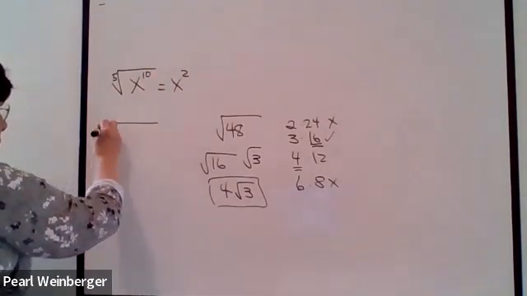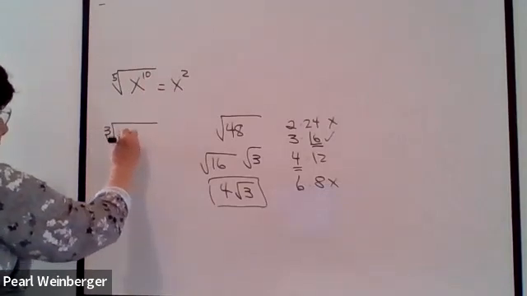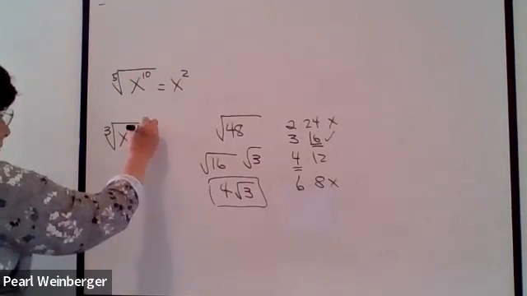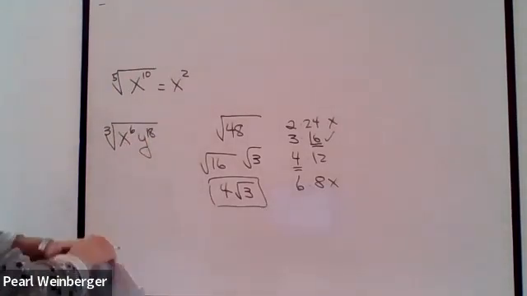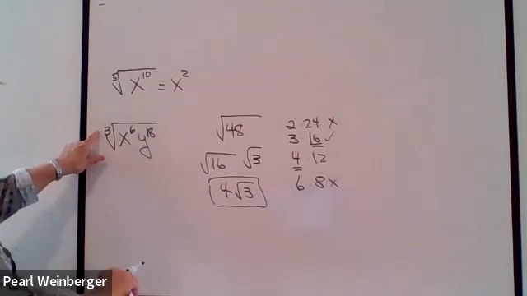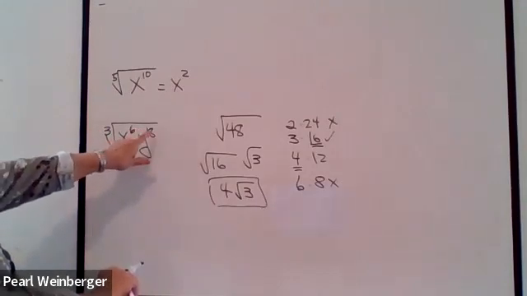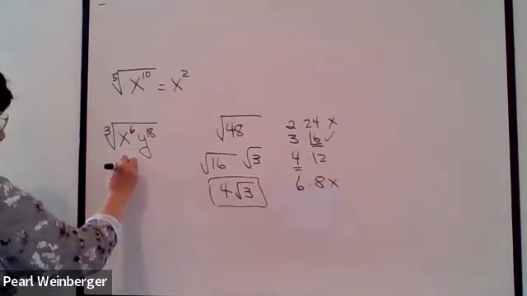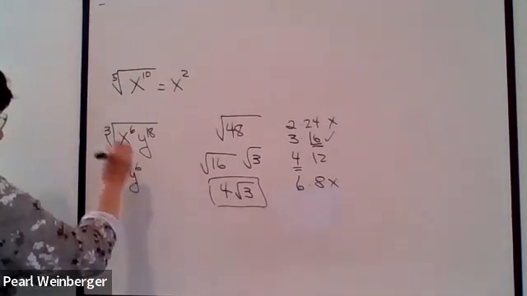If I gave you the cube root of x to the 6, y to the 18, for example. Again, my index is 3. I'm going to take each of the exponents and divide them by 3. So this will be x squared, y to the 6.